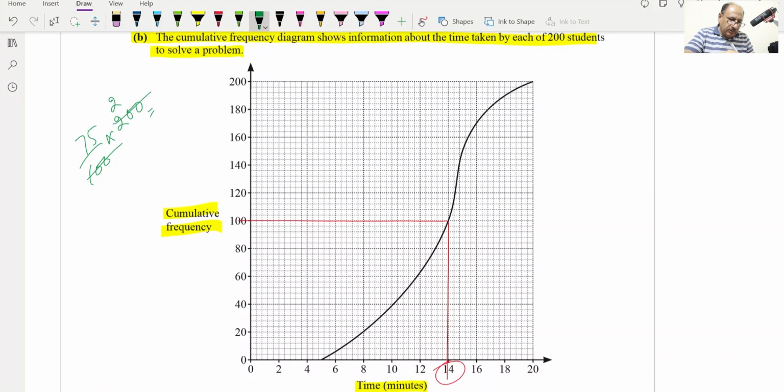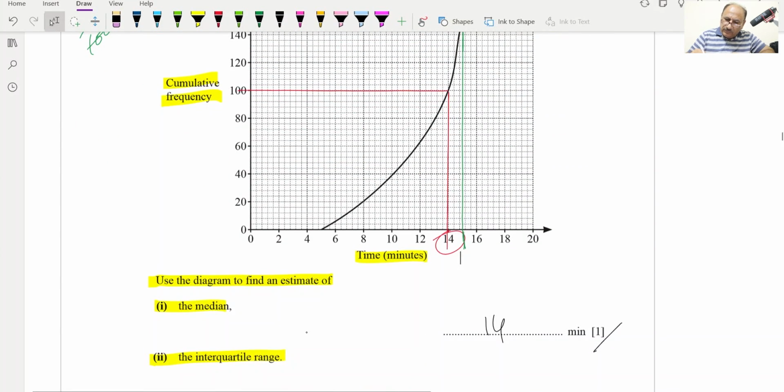So this will be equal to 150, and 150 we can take over here, and this reference we can draw from here, and we can check on the x-axis also. So the reference on the x-axis is in between 14 and 16.